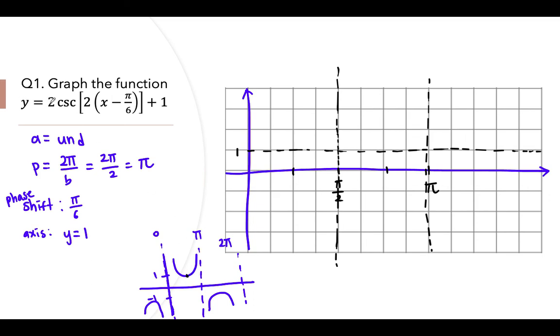But the stretch is happening at 2. So even though I said A is undefined, from 1 it's going to move up by 2 steps. So it's going to be 1, 2, and 3. This is my starting point for the turning point. Then it curves up and curves up.